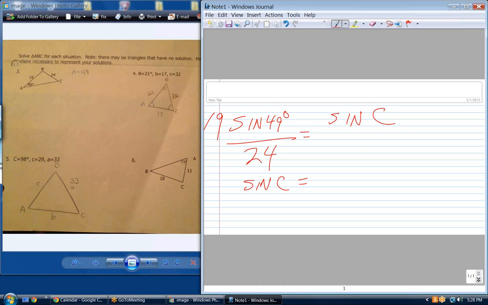I got it. It's better if you do it, really. I need it in degrees. In other words, you want the sine of 49 degrees times 19 divided by 24. Yeah, it was in radians. But okay.